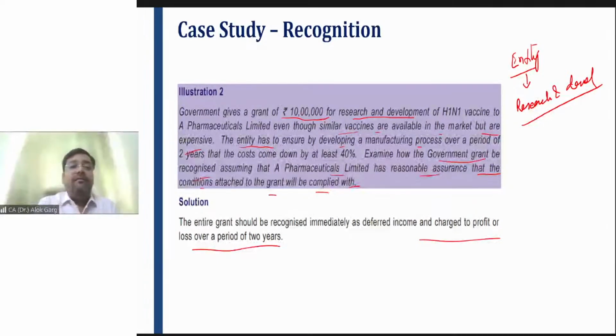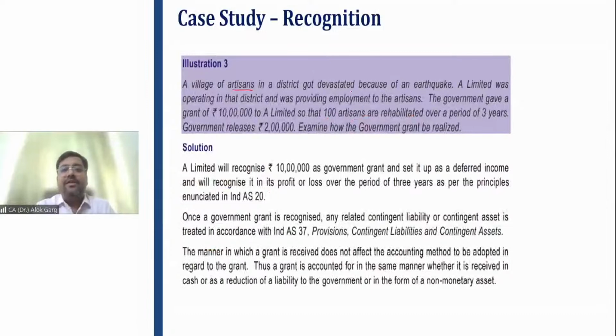Next, a village of artisans in a district got devastated because of an earthquake. You understand artisans? Artisans means the potters who make pots and earthen vessels.